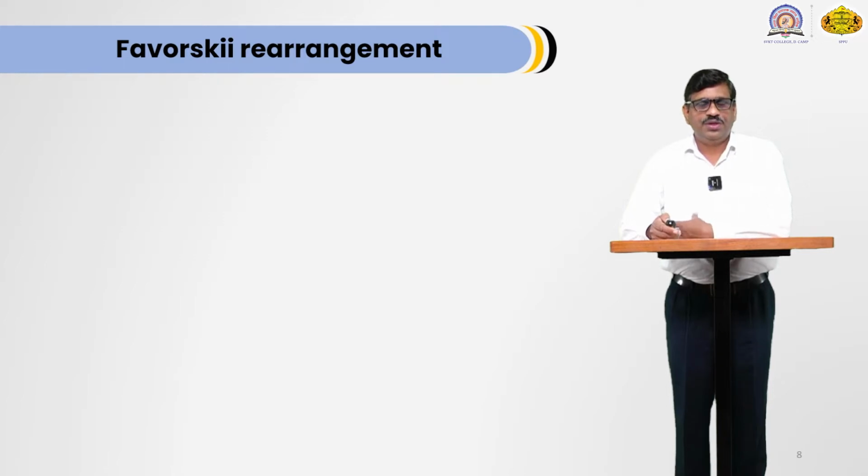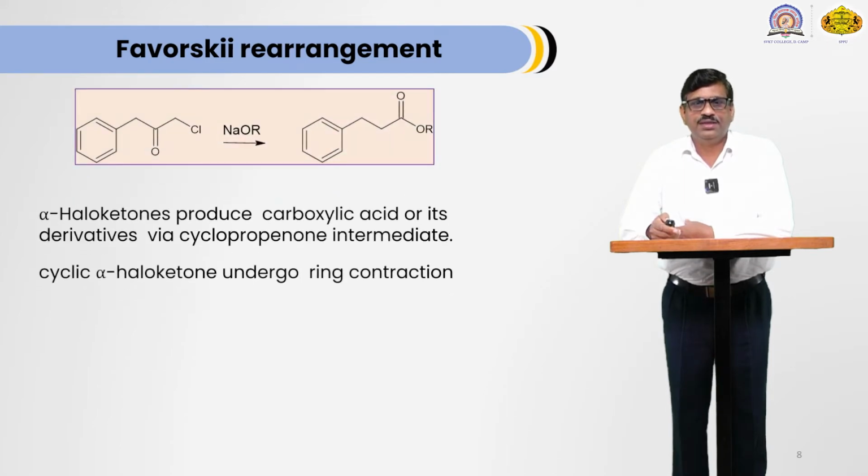Then another rearrangement we have already studied is the Favorskii Rearrangement. In Favorskii Rearrangement, alpha haloketone is used as the starting compound, and on treatment with base there is production of acid or ester. If NaOH or KOH is used, we get carboxylic acid as a product, and if sodium ethoxide or sodium methoxide is used, we get ester as a product.